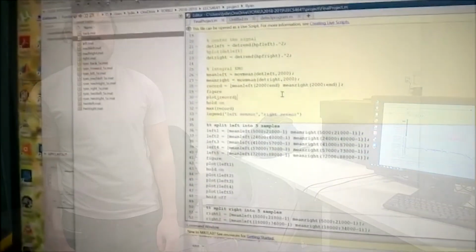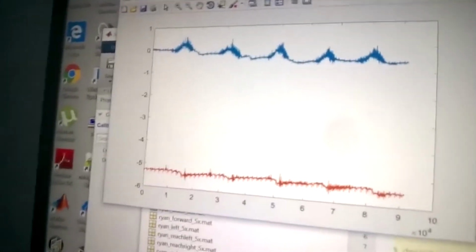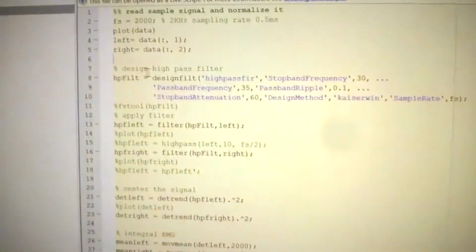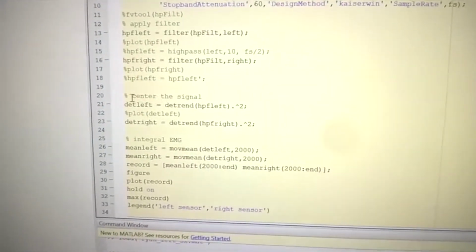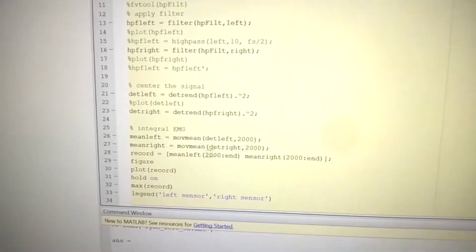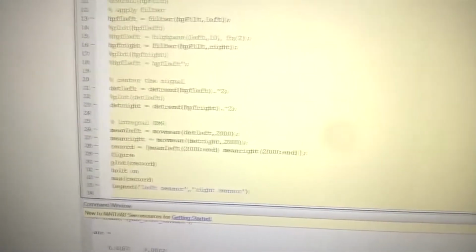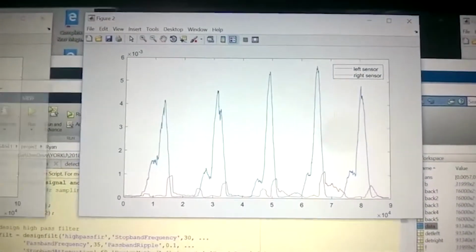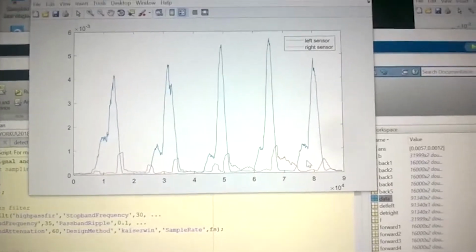Here, as we can see, this is the raw data collected from the BioPAC. It has a lot of noise. We have to filter out the noise, and then we apply the filter to the signal. We centralize the signal, and then we turn the EMG into an integral signal. This is the signal after processing. We can clearly see the individual movements here.